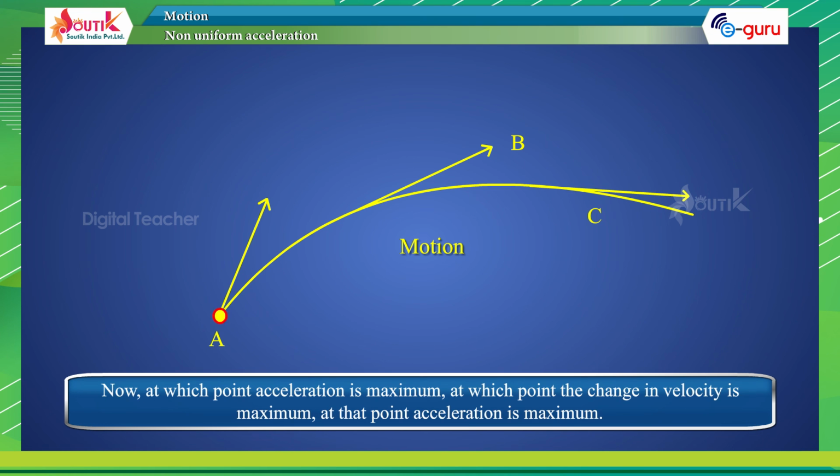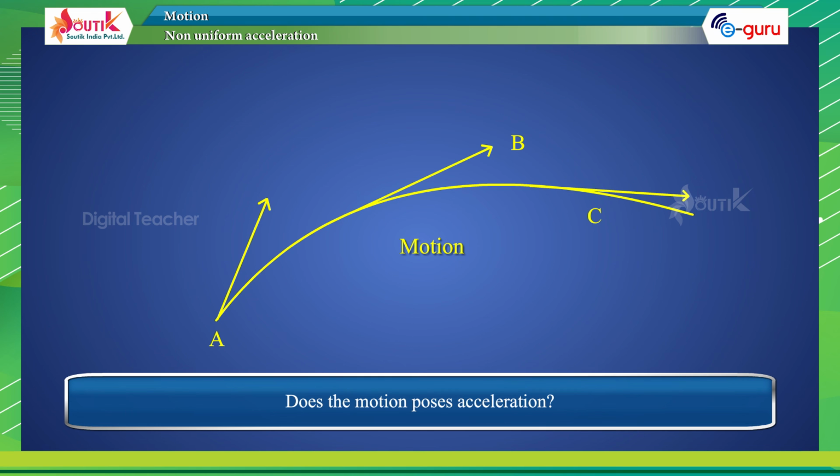Now, at which point is acceleration maximum? At the point where the change in velocity is maximum, the acceleration is maximum. Does the motion possess acceleration? Yes, because at every point there is a change in velocity.